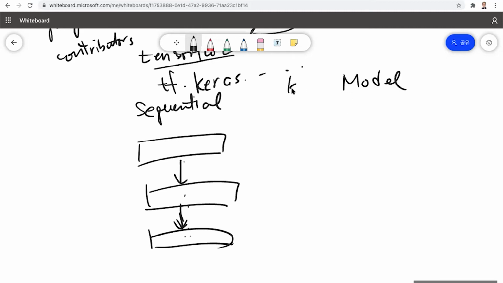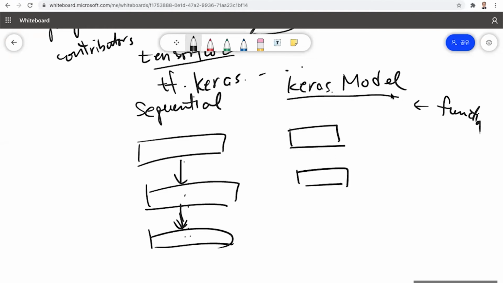But the Keras model is called a functional API, and we can define a function. Since this is a more generalized version, it always contains the sequential version.